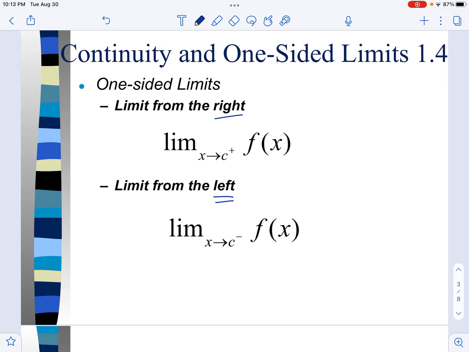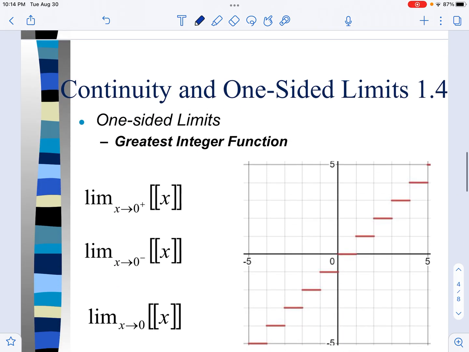So think of this as your negative x-axis. So you're coming from the negative x-axis. This is your positive x-axis. Now, we have to do this on both sides to make sure that a limit exists. But sometimes we just want to know what's happening on the left, what's happening on the right.